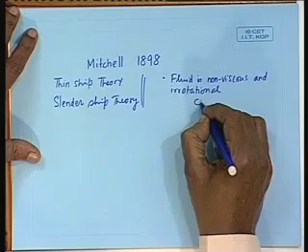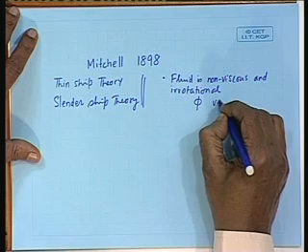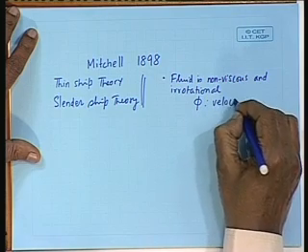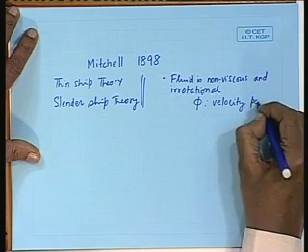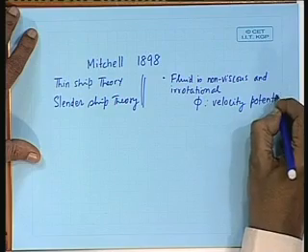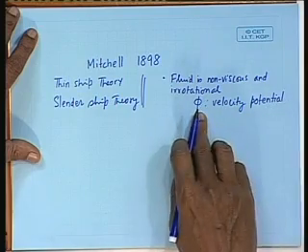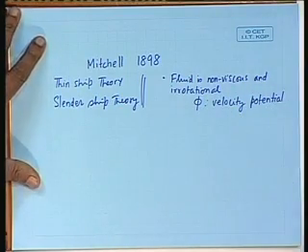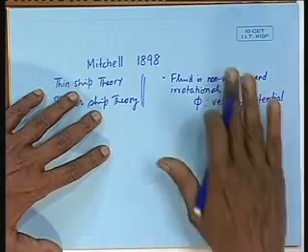But for ships, the assumption was there is no rotational flow, and this gave rise to what is known as a velocity potential. This makes life much easier. This assumption gives rise to a velocity potential phi, and this is the basis of all theoretical calculations. We will not go more into this.